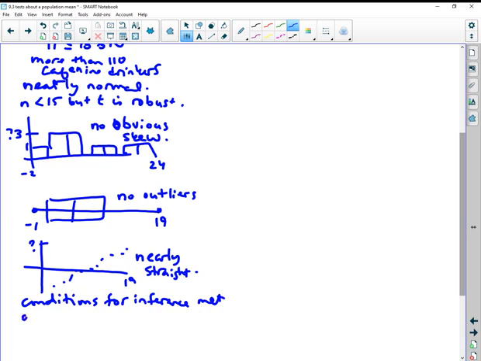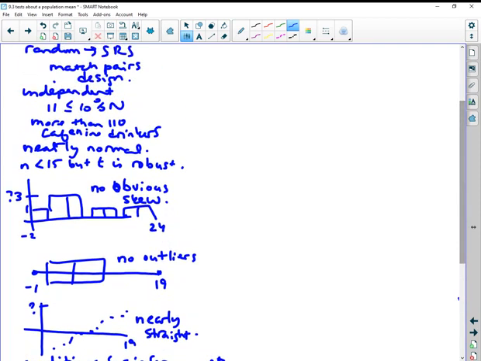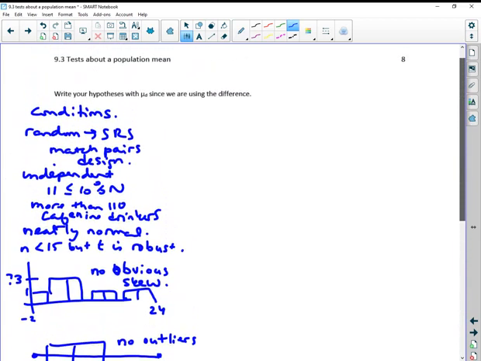Let's do a 1 sample t-test for means, and it's for the difference of the caffeine values for our paired data.